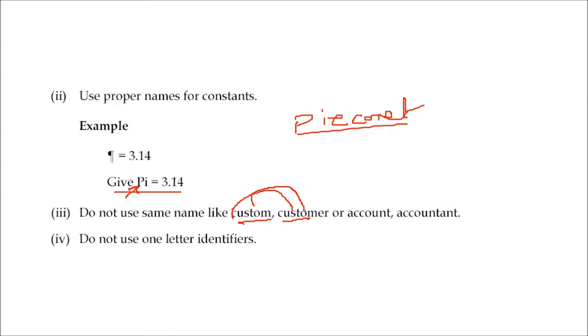So just change the name properly. Don't give similar names. And do not use one-letter identifiers. For example, for simple interest you take S, for compound interest you take C. No, this will not give you any meaning, and also the identifiers are vague. This S can correspond to any of the various values or inputs that the program is going to take.